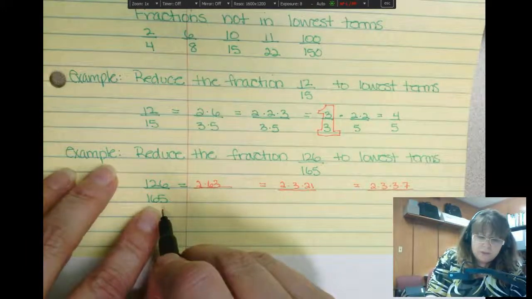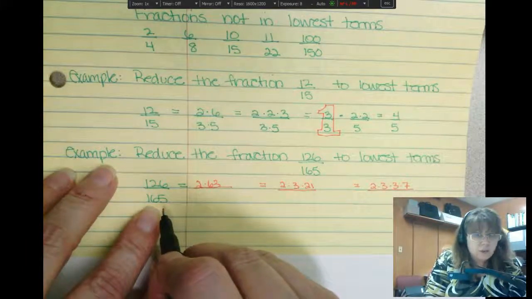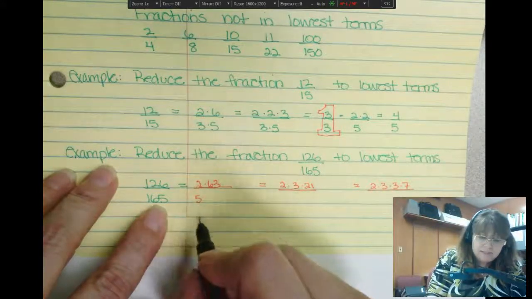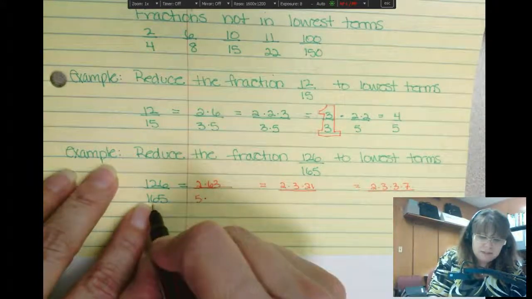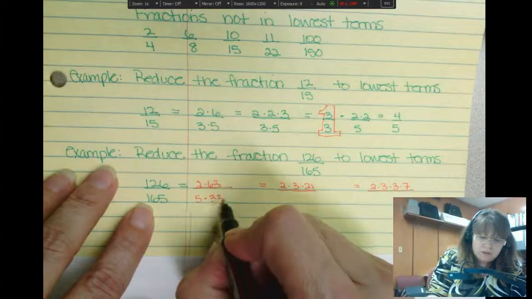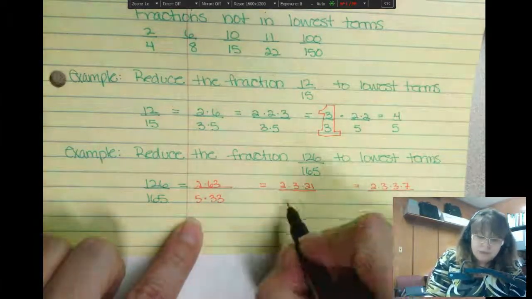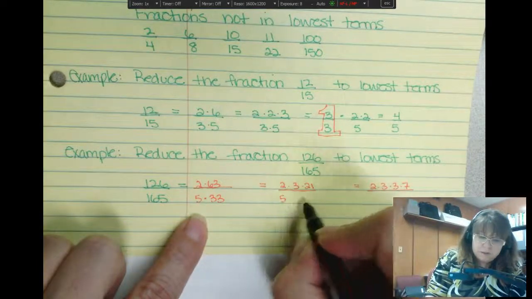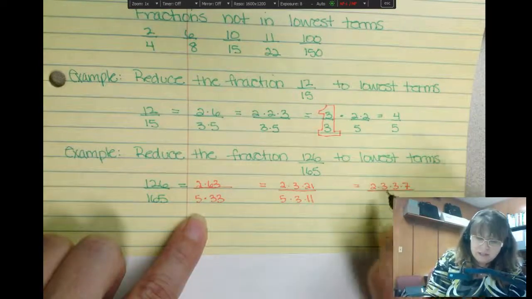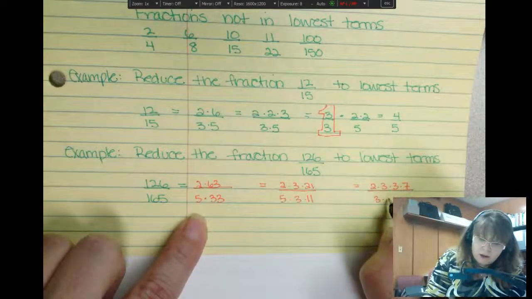In the denominator, I don't see a 2 can go into it, but I do know a 5 can go because it ends in a 5. So 5 times 15, that's 33. 33 can be broken down to 3 times 11.